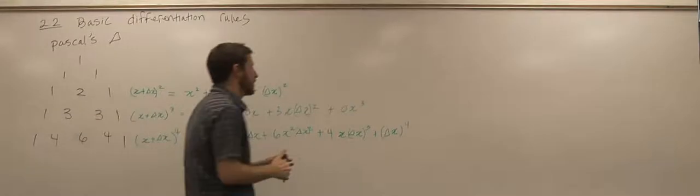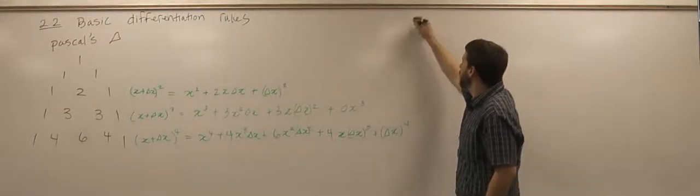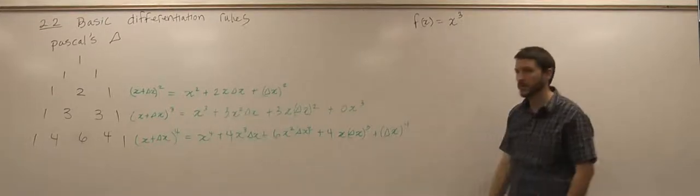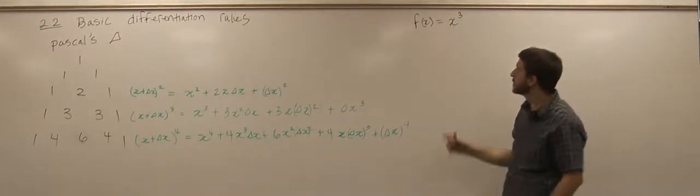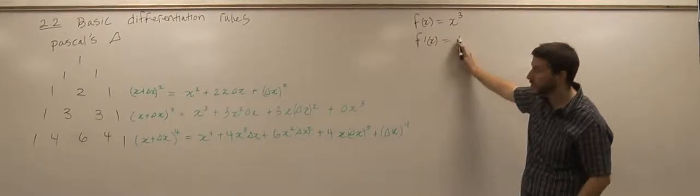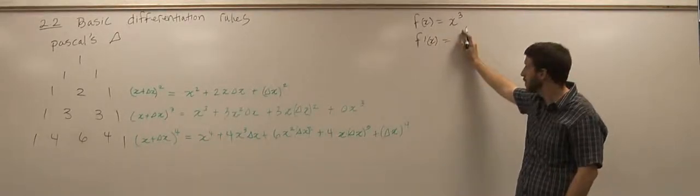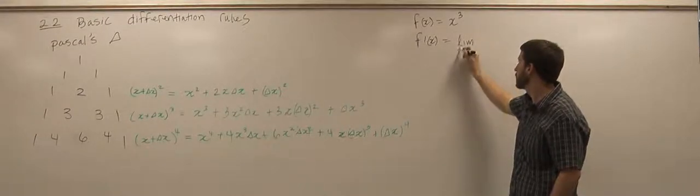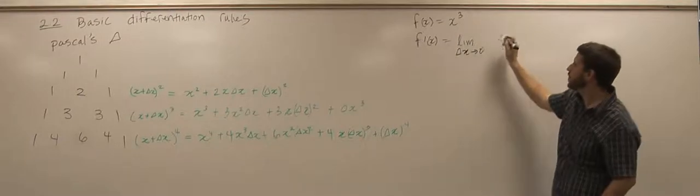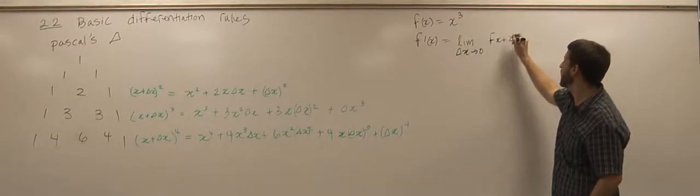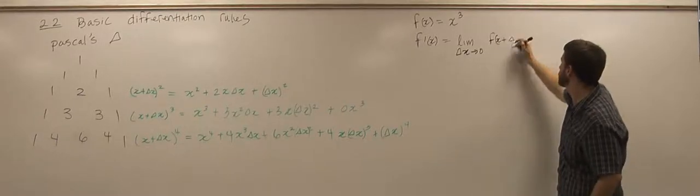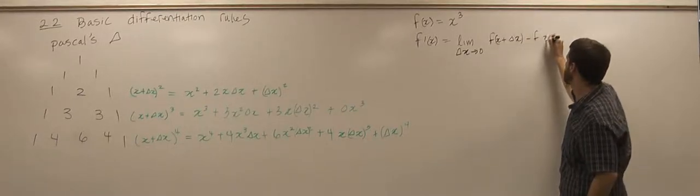So for example, if I wanted to take f of x equals x cubed and find f prime of x, I would have to do the difference quotient with x cubed and then do the limit. So I would have to do f of x plus delta x minus f of x over delta x.